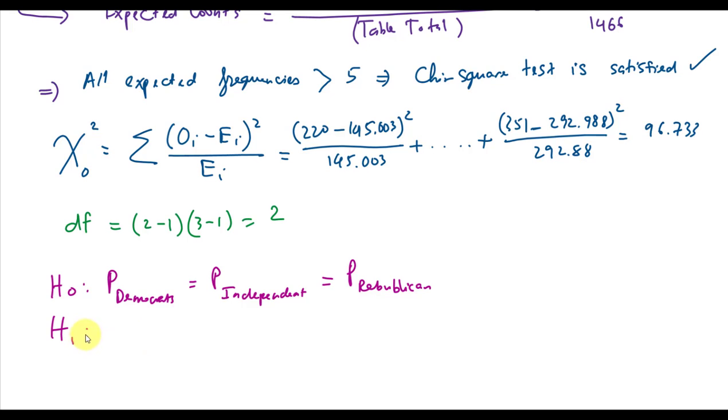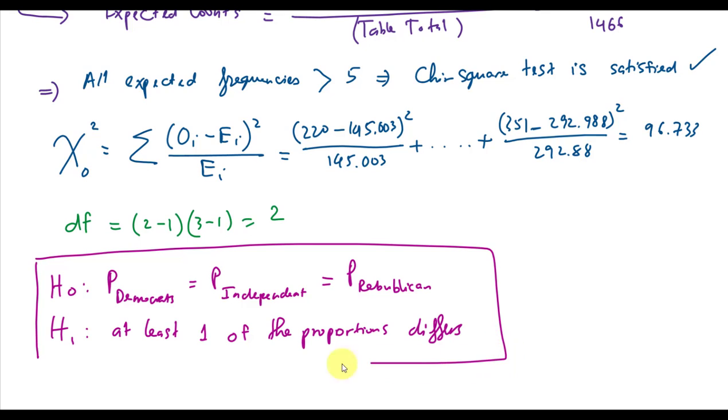And for the alternative hypothesis, we say that at least one of the proportions differs. So at least one of them is not equal to the others. So this is the hypothesis setup.